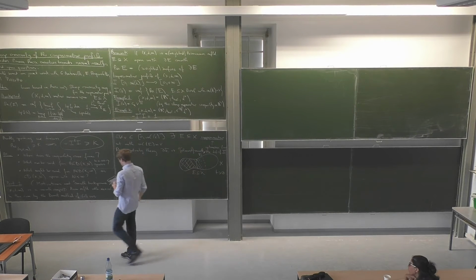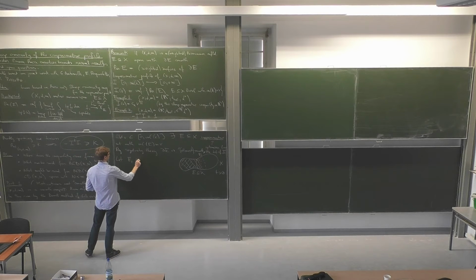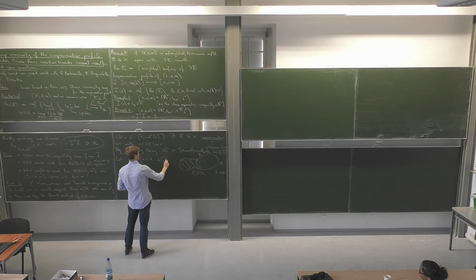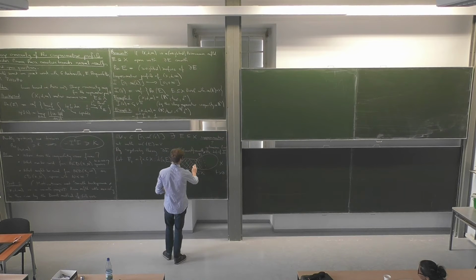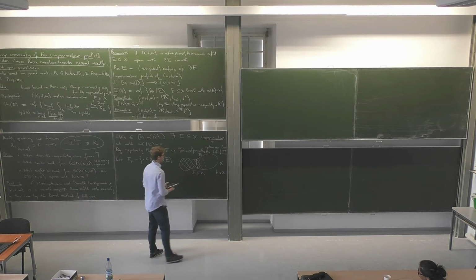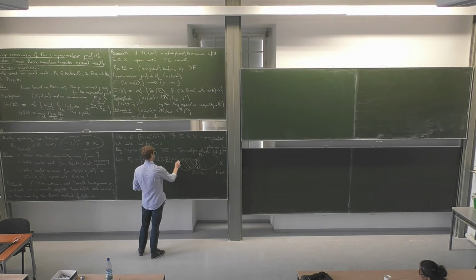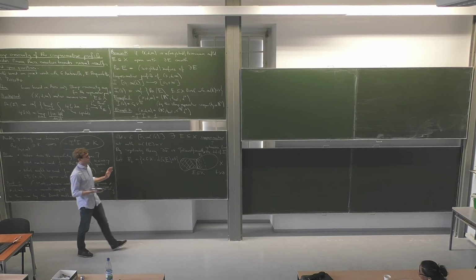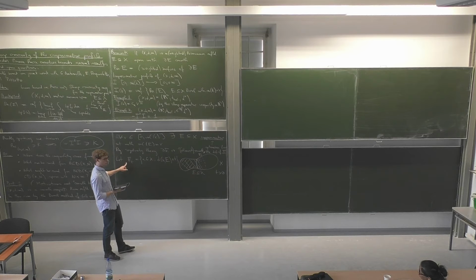Okay, so the precise definition is as follows. We let E_t be the set of those x in X such that the distance between x and E, my original isoperimetric set, which was drawn here in the picture, is less than or equal to t. I pick all the points whose distance from E is at most t. And the first thing I would like to do is to compute the derivative with respect to the parameter t of the perimeter of this new set.